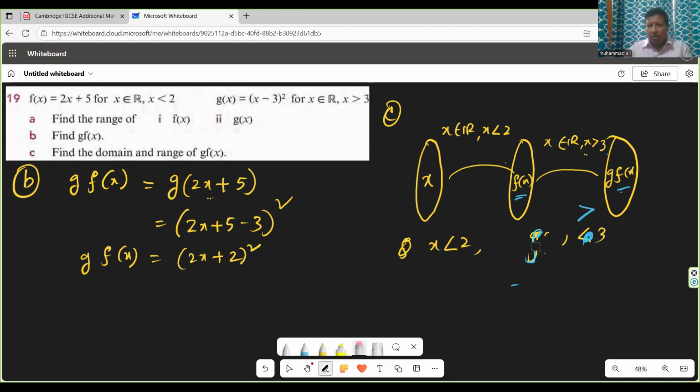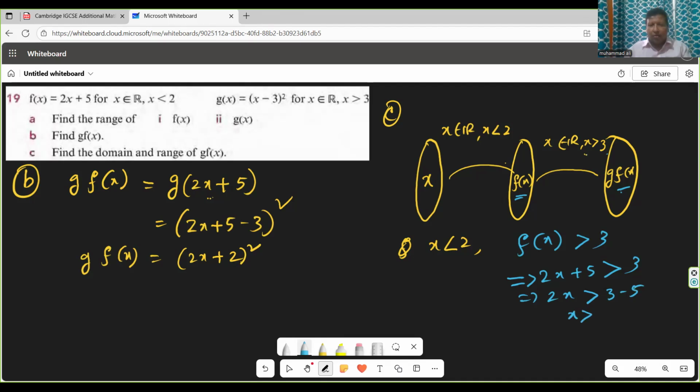Now I write this clearly. f(x) > 3. So f(x) is 2x + 5 > 3. So 2x > 3 − 5, so x > −1.